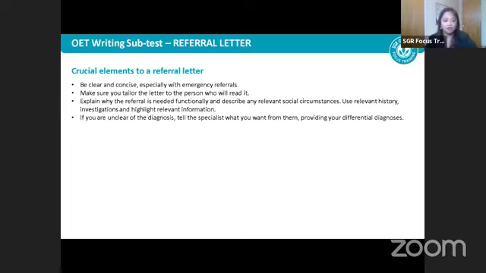If you are unclear of the diagnosis, this is a referral to request further investigation and definitive diagnosis. Basically, you tell the specialist what you want from them, and you provide your differential diagnosis, meaning if you did an assessment, give details of your assessment, and then make the request for further assessment.